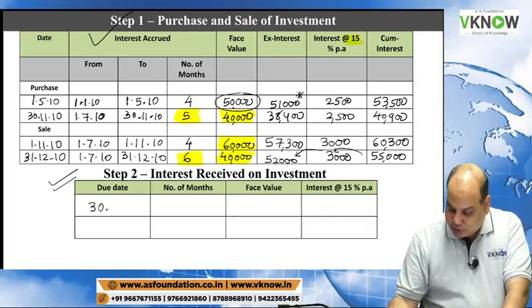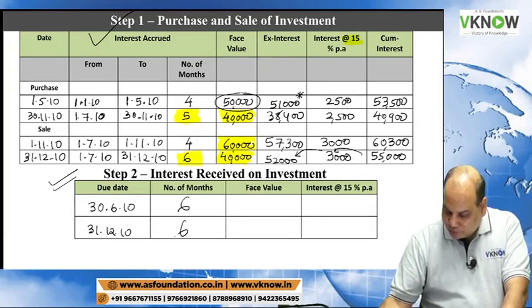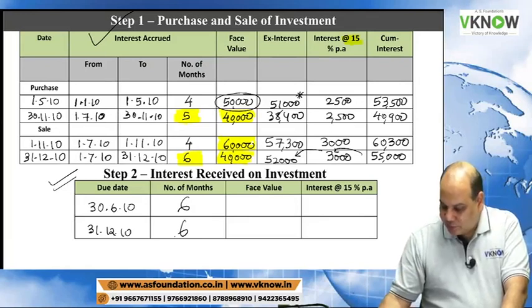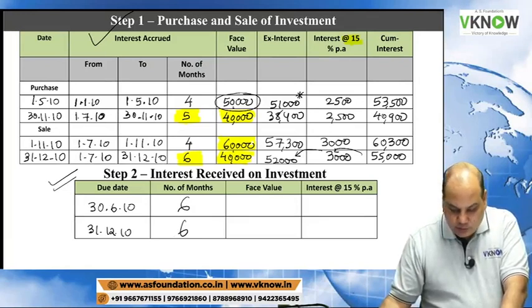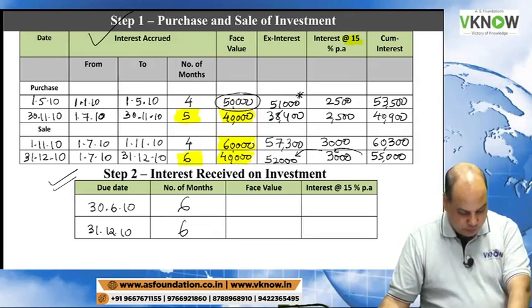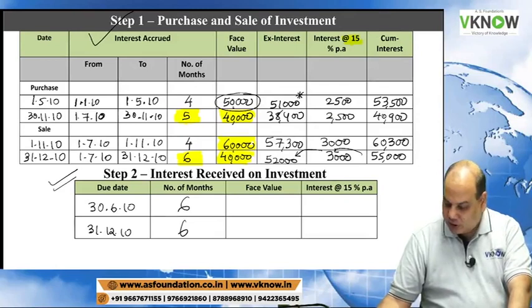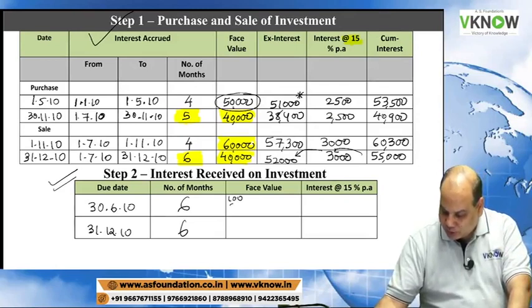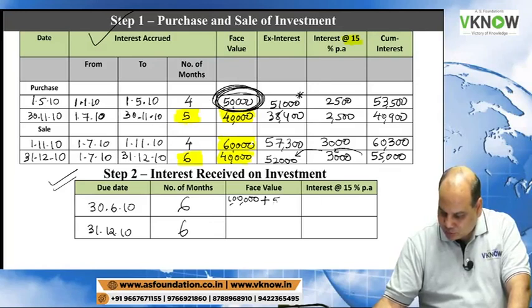So please write down interest received. There are two dates in this question, 30th June, 31st December. Number of months will be 6 and 6. Face value: already in the opening balance we have 1 lakh rupees, and plus you have purchased this 50,000 before 30th June.